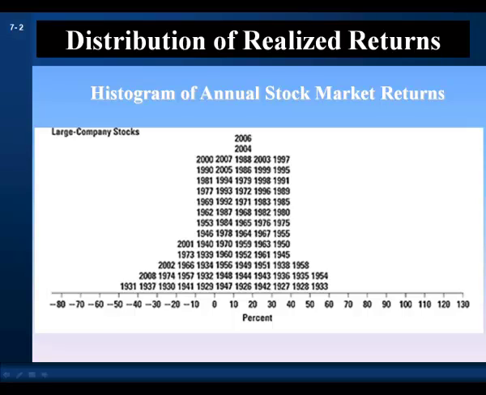This figure plots the histogram of the annual stock market returns over our 83-year period from 1926 to 2008. This plot is a frequency distribution of the numbers. The height of the graph gives the number of sample observations in the range on the bottom axis. This frequency distribution is our history of investing in common stock over the past 83 years.